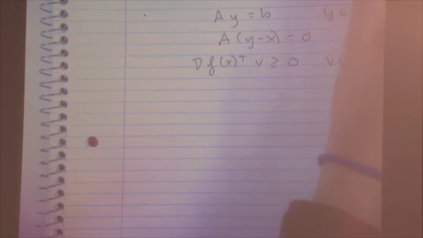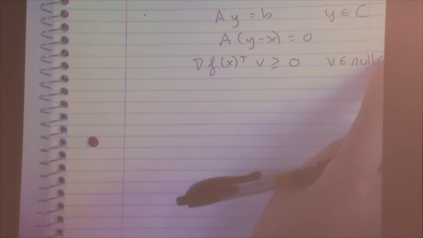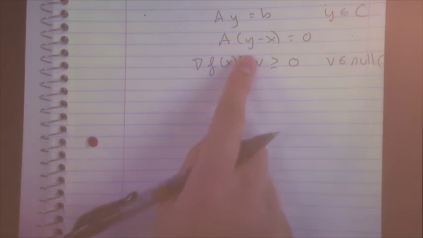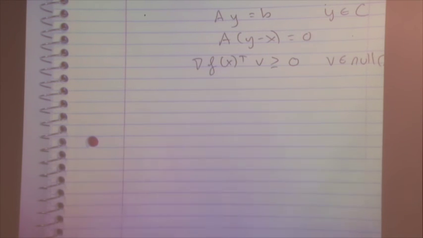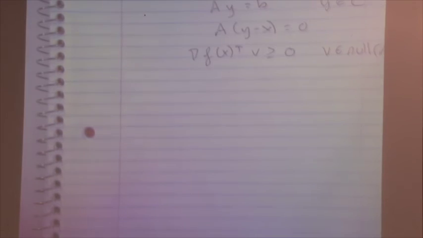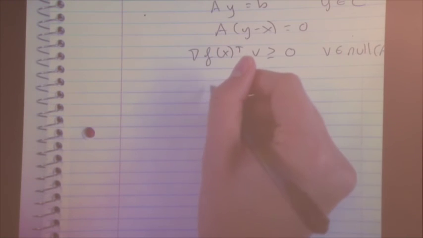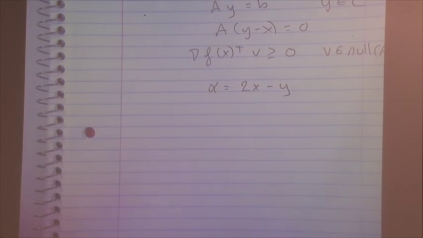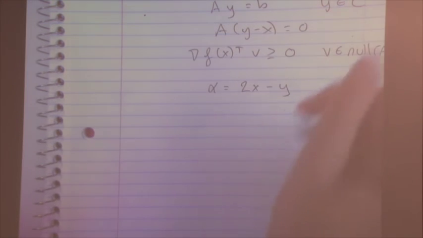So I can find another element. Y just has to be in the set of feasible points, so I can take another feasible point, but it has a special relationship to the one that I picked before. Let's call it alpha so that it's a little less confusing. If I let alpha equal 2x minus y, alpha is still going to be a feasible point.